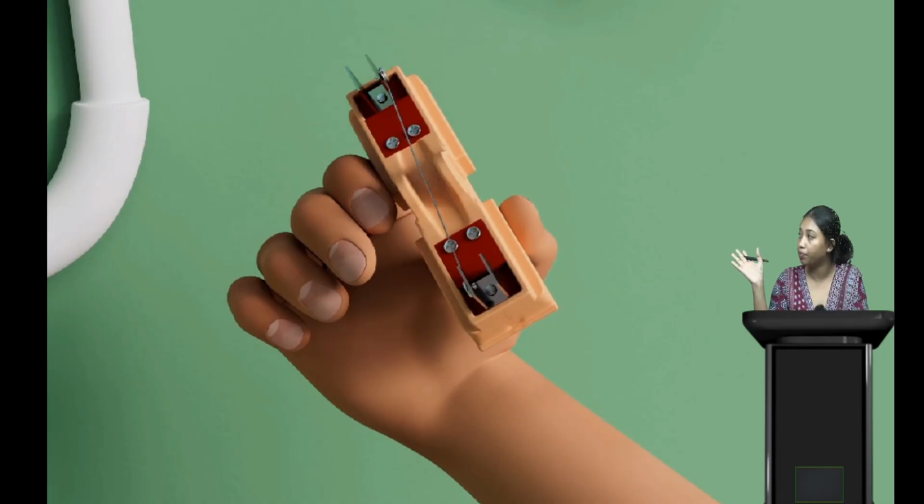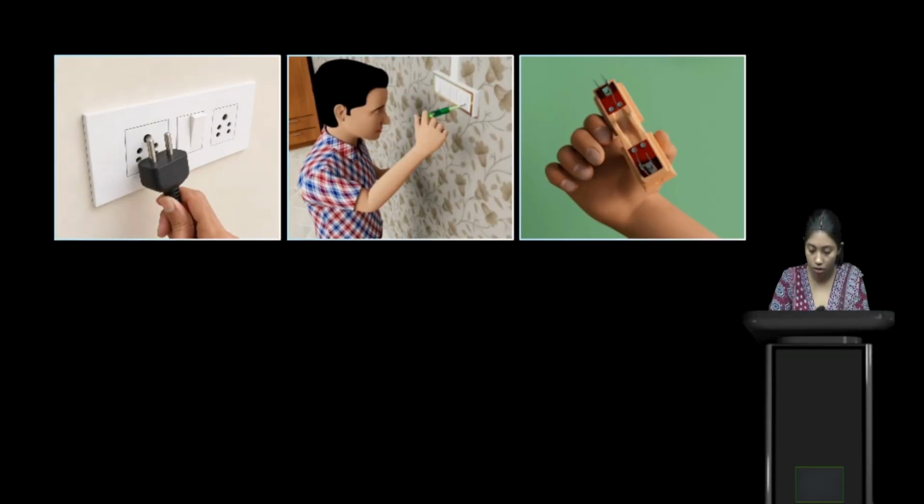The wires that are present in this fuse are what? In this picture we can see there are three electrical devices. In this fuse, the wire is of high resistance.